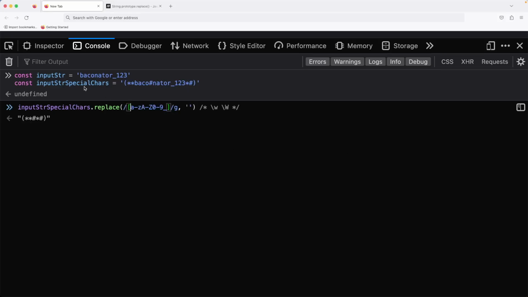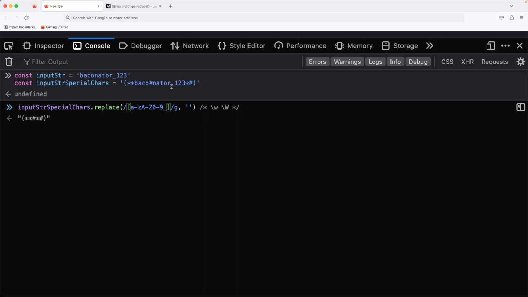So in the input string special chars variable, we can see that we have, at least according to the specs of regular expression, some special characters, these asterisks, the hash sign or the pound sign, occurring in multiple places, and we have word characters or string, baconator.